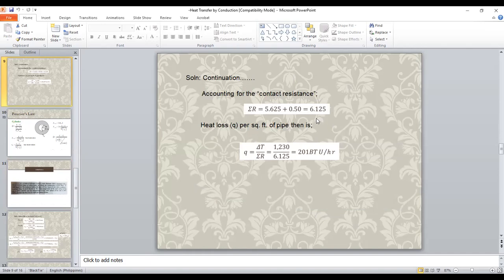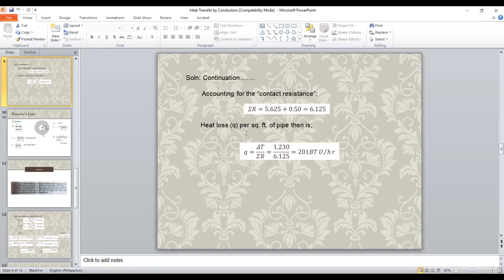So the actual heat loss per square feet, as stated here, per square feet of pipe, is then equal to the 1,230 temperature drop, which is our driving force, divided by this new summation of resistances, which is 6.125. So this is 201 BTU per hour for the total heat loss per square feet of pipe.